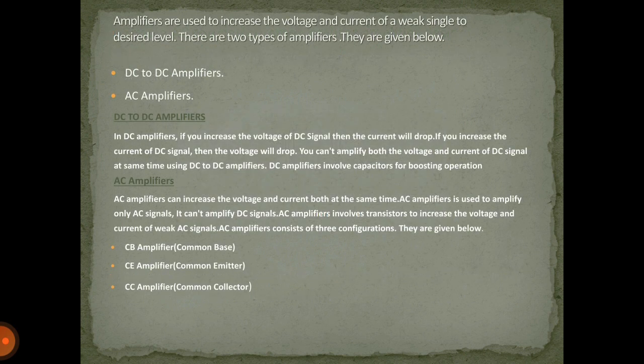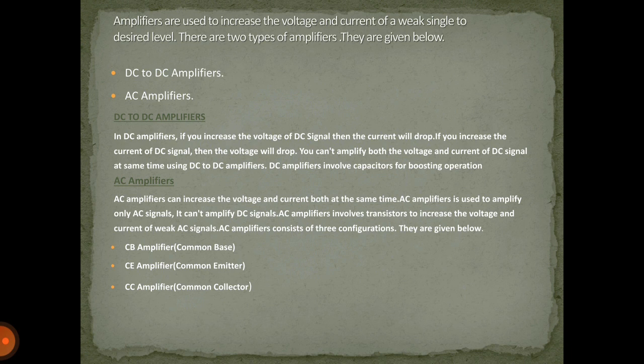Amplifiers are used to increase the voltage and current of a weak signal to the desired level. There are two types of amplifier. They are given below: DC amplifiers and AC amplifiers. DC amplifiers: in DC amplifiers, if you increase the voltage of a DC signal, then the current will drop.